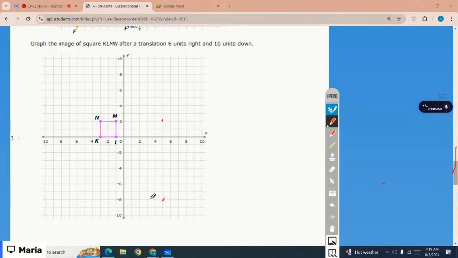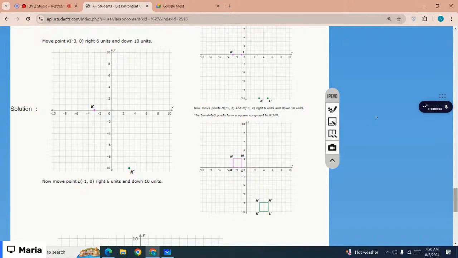This is for M, this is for N, this is for L, and this is for K. So here is the translated image, right?